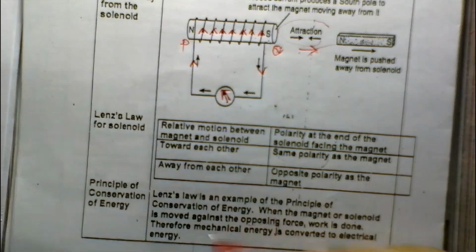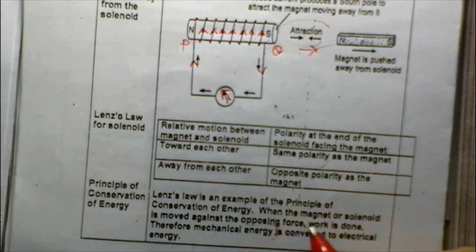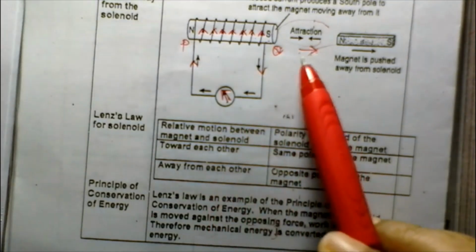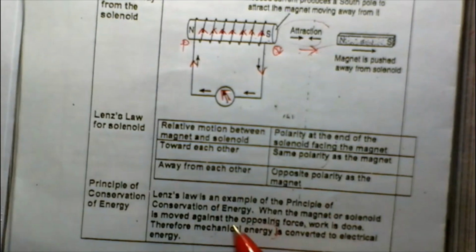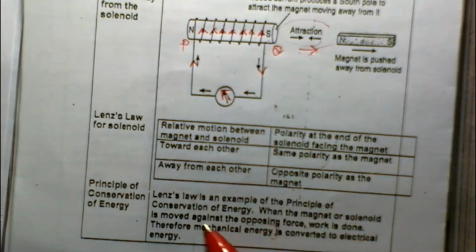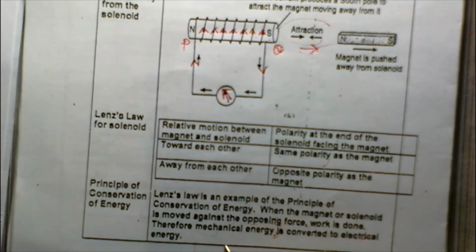In order for energy to be transferred to another form of energy, work must be done, in this case work done against the opposing force. Thus, the mechanical energy is converted to electrical energy.